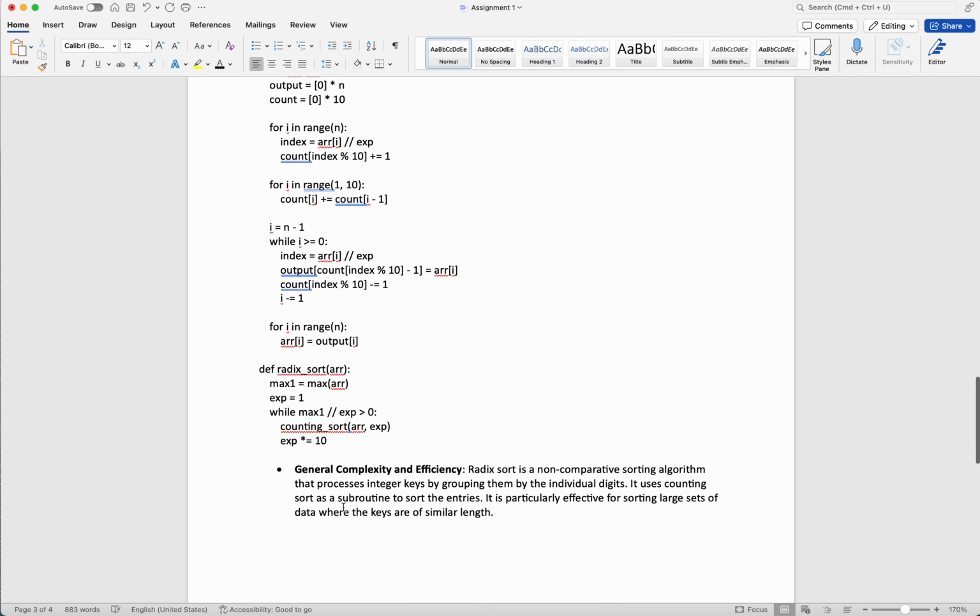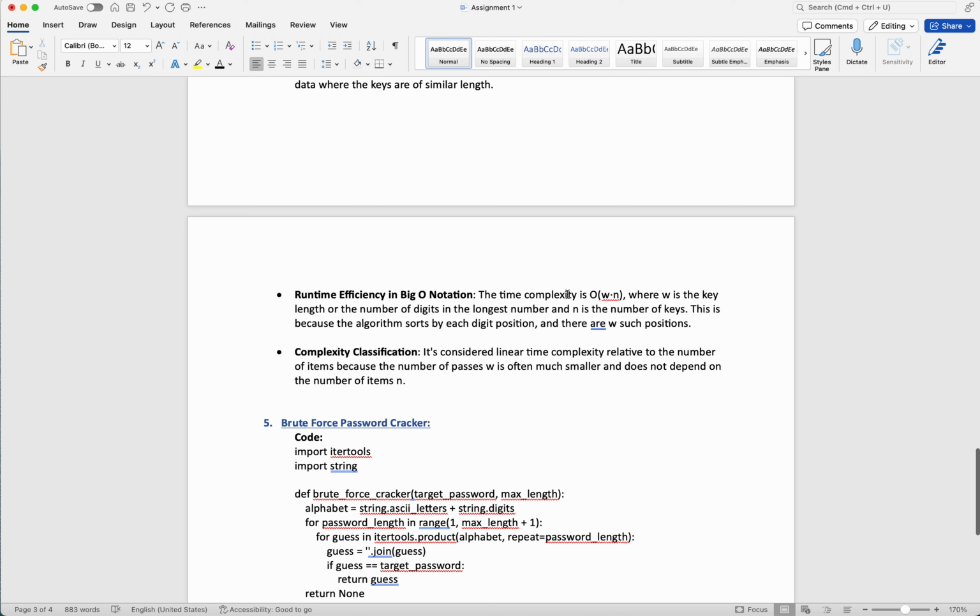It's efficient for sorting large datasets with keys of similar length, boasting a linear time complexity of big O of W times N, where W is the key length, the number of digits in the longest number, and N is the number of keys. It is a very compelling demonstration of how non-comparative sorting can outperform others under the right conditions.